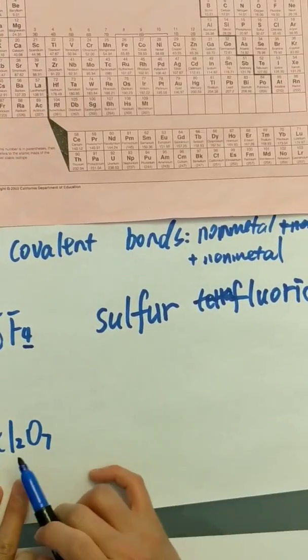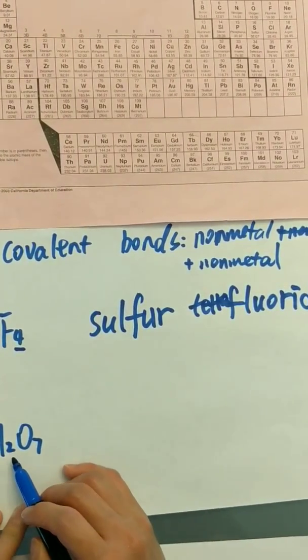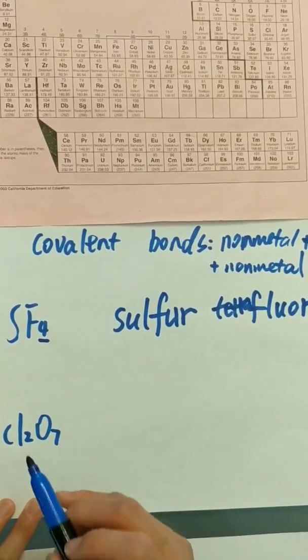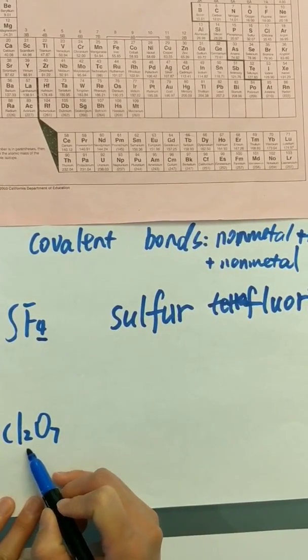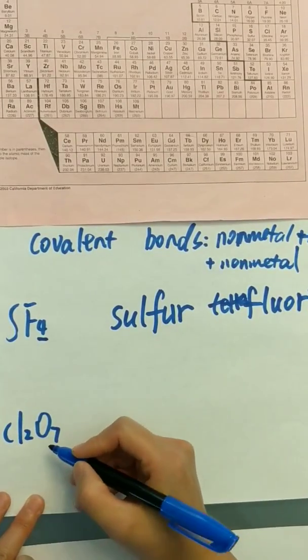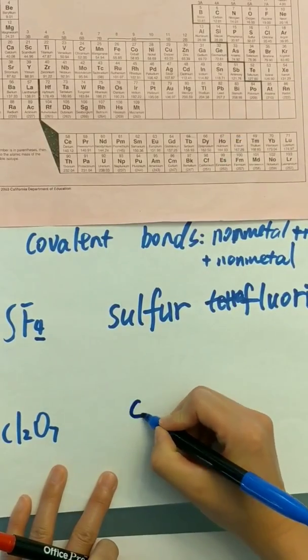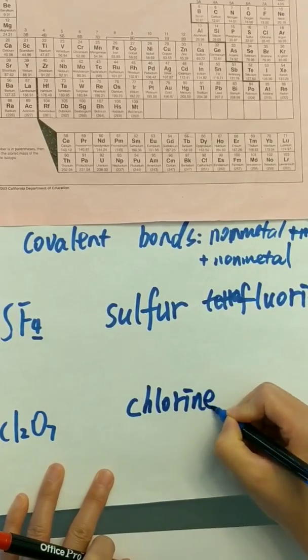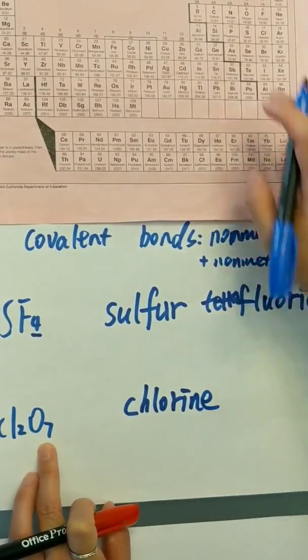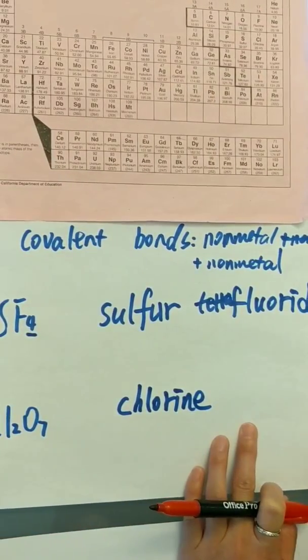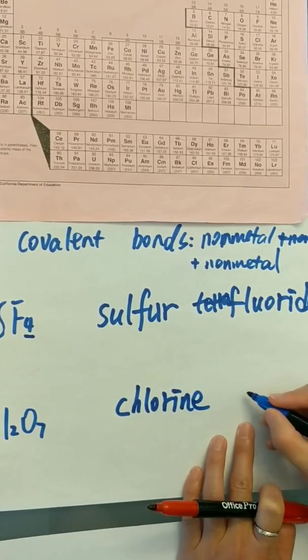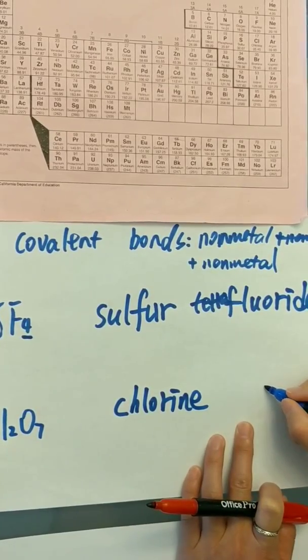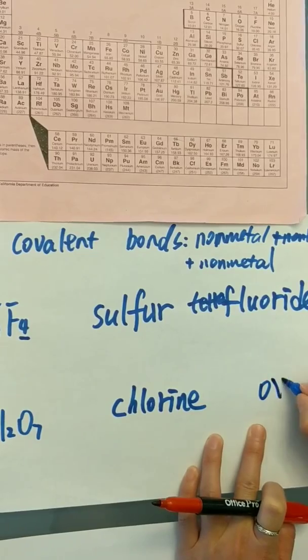The same rules as the second one. Cl2O7. How many chlorine here? 2. So first we write the chlorine. O is oxygen. So we change to the IDE. That's called oxide.